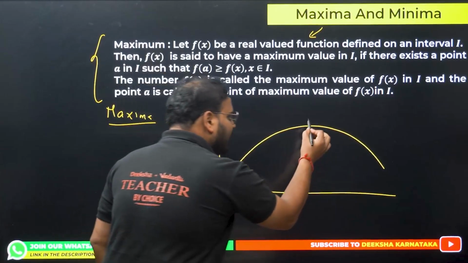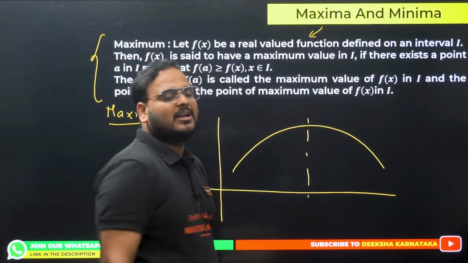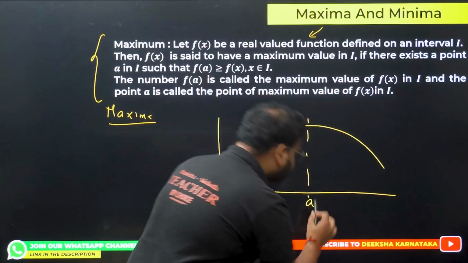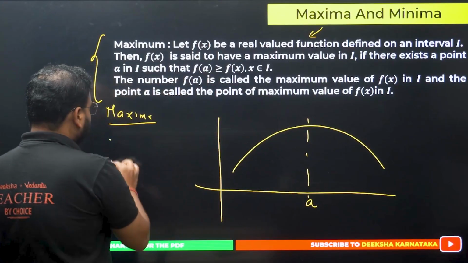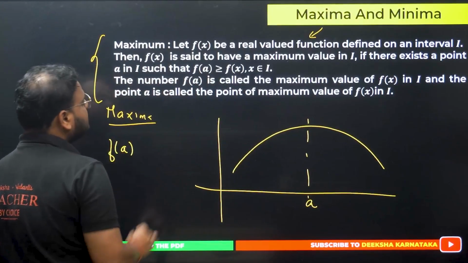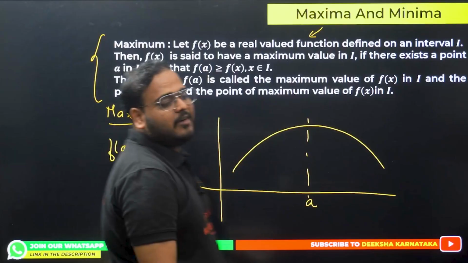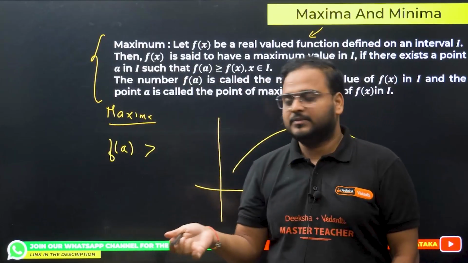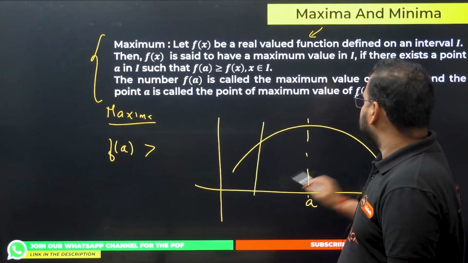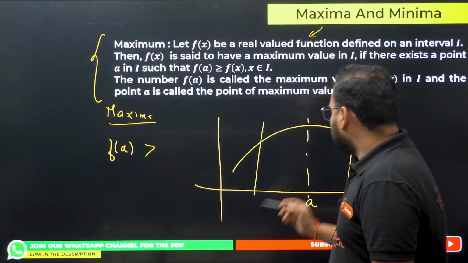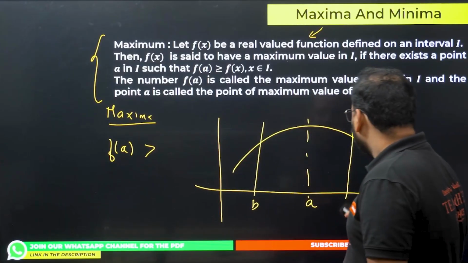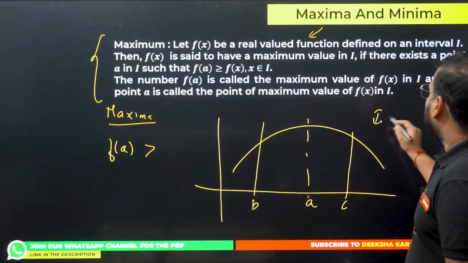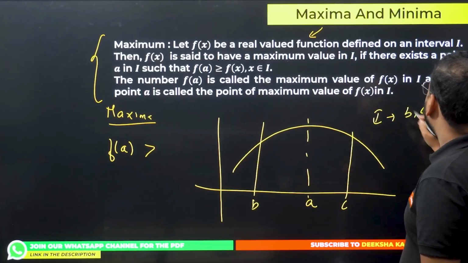If you can find a point, let's call this point A, where the function value is always more than the function value at any other point in that given interval. Of course, let's say we have an interval from B to C. We'll call it closed and closed.